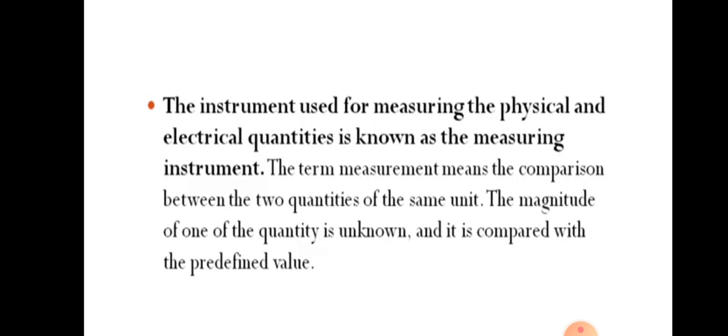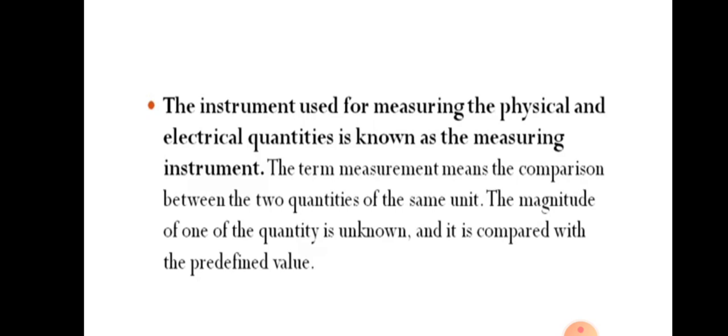The magnitude of one quantity is unknown and it is compared with the predefined value. Here we have to compare the unknown quantity and the known quantity. So this is about the basics of the measuring instrument.